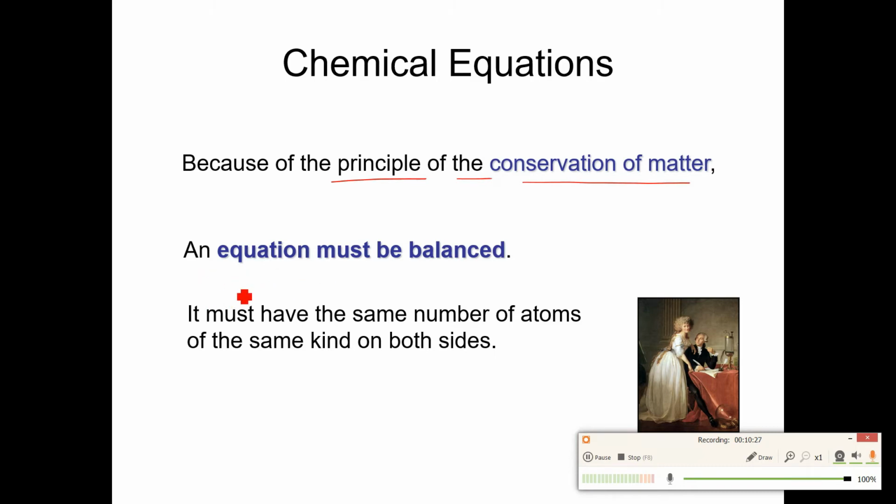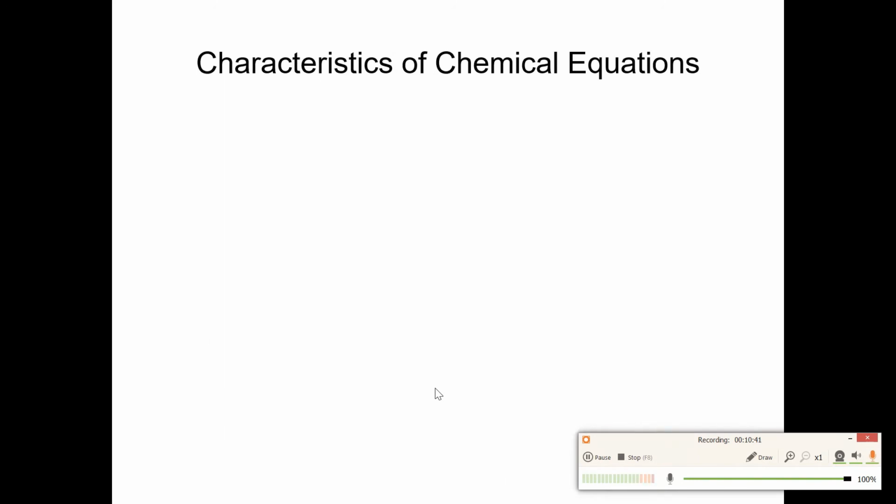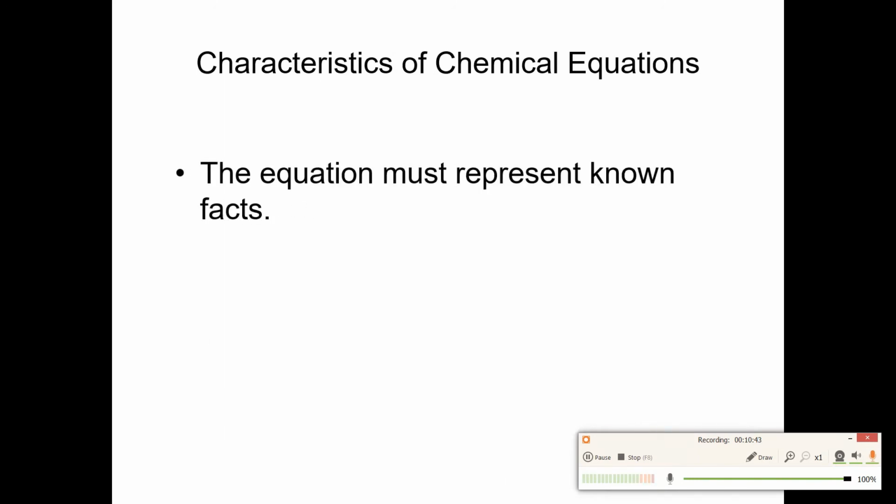At the same time, a chemical equation must also be balanced. What does that mean? It must have the same number of atoms of the same kind on both sides. So, what are the characteristics of a chemical equation? The equation must represent known facts. Many times we say that a chemical reaction can be written on its own as we want to, but it does not happen like that.